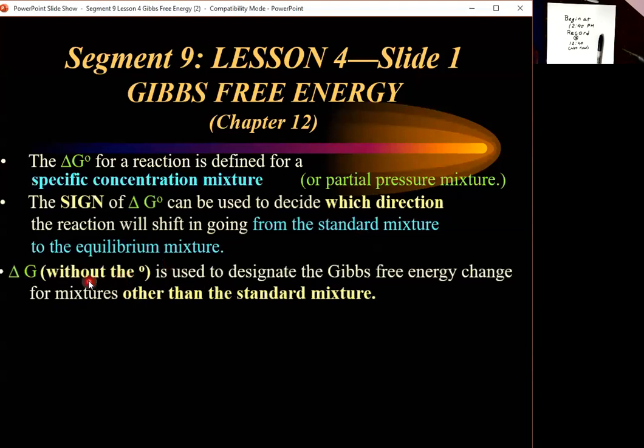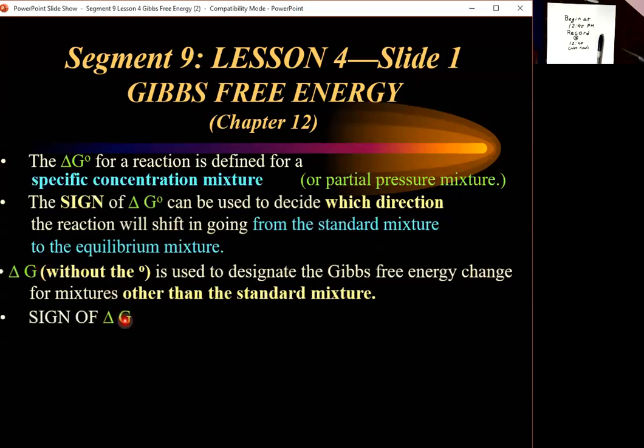Delta G without the superscript can be used to designate the free energy change for mixtures other than the standard state. The one with the superscript means one specific set of concentrations and partial pressures. Without the superscript, we can go into the lab and put any mixture together we want and calculate the free energy of that mixture.